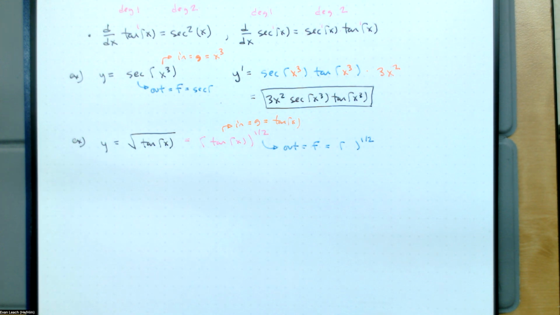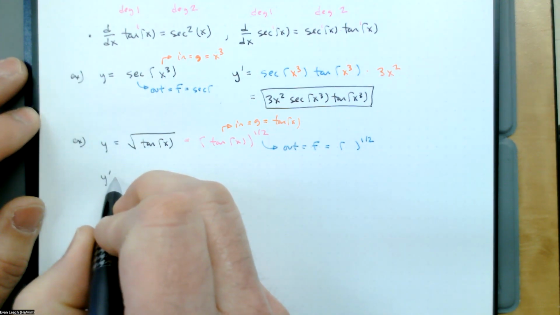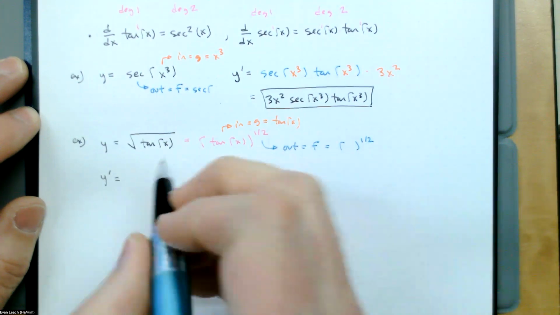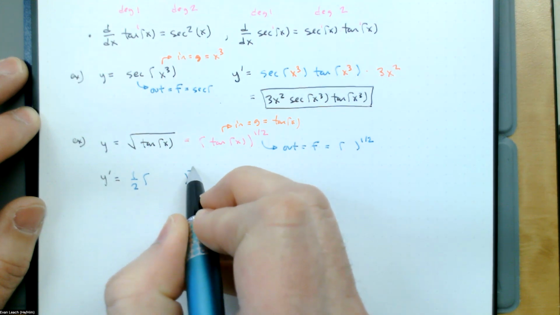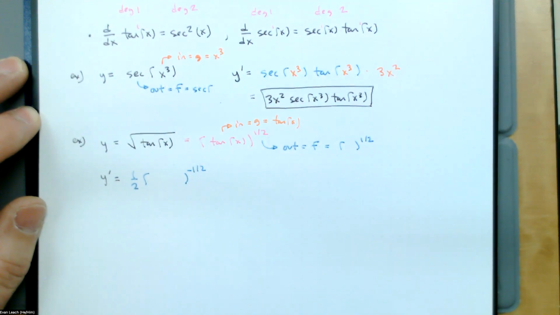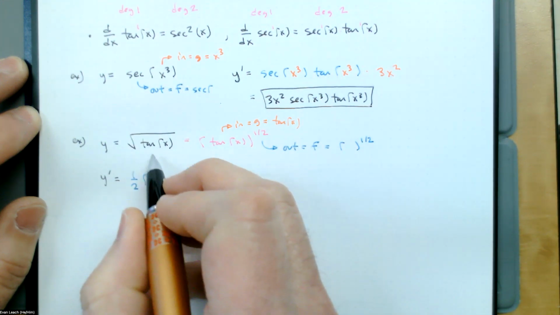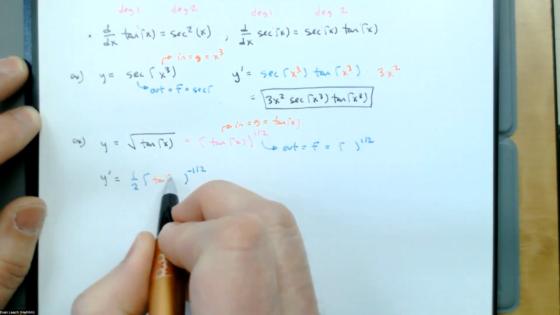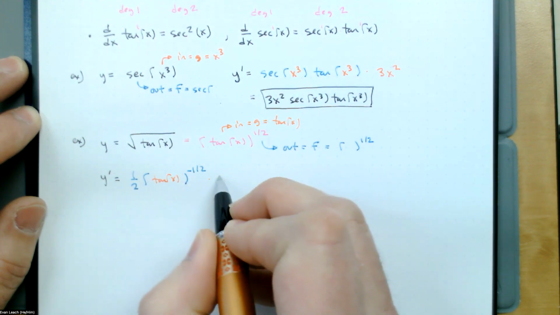So our y prime, the derivative of something to the 1/2 is 1/2 of that thing to the negative 1/2 times the derivative of that thing. That thing in this case is tangent x. So the derivative of square root of tangent x is 1/2 tangent x to the negative 1/2 times the derivative of tangent, which is secant squared.